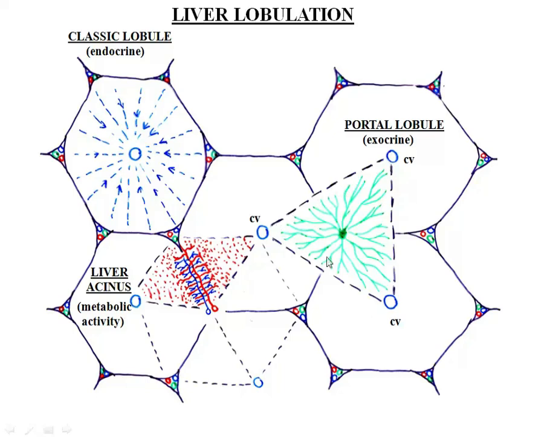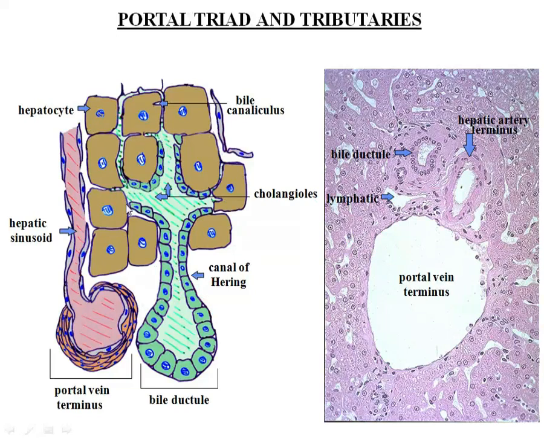So these triangular portions represent the exocrine part of the liver, and this is the endocrine portion, because a lot of secretions take place here. Metabolic activity goes on there.